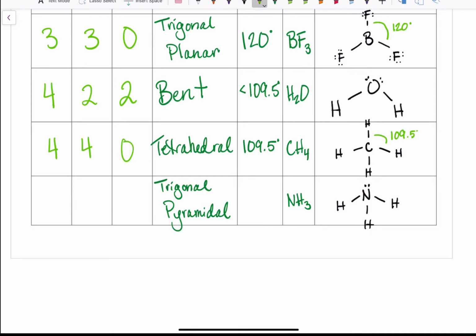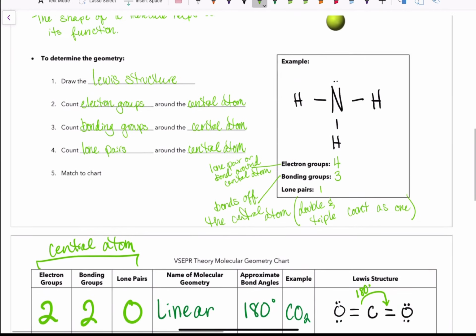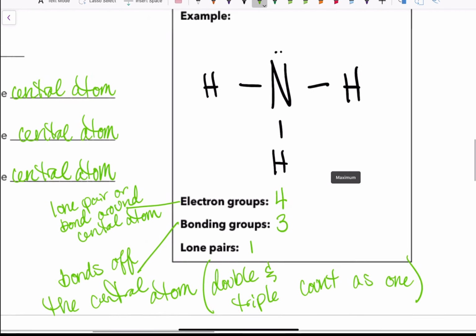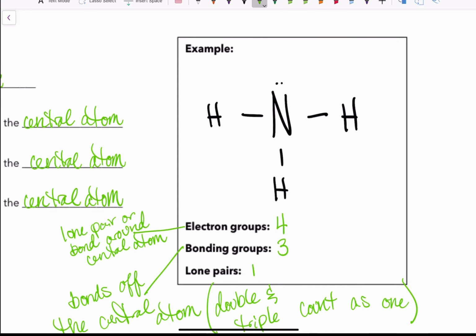The angle that we see for this one is the same as our bent, slightly less than 109.5 degrees. Electron groups around nitrogen, 1, 2, 3, 4, we've already listed those above. Bonding groups, there's 3, and we have 1 lone pair. So for NH3, the molecular geometry is trigonal pyramidal.